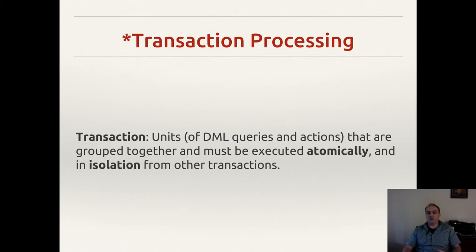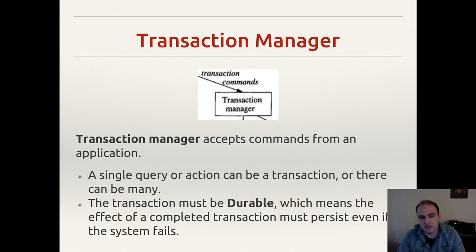So we have to be able to guarantee that in addition to them not stepping on each other's toes, if they do step on each other's toes in any way, shape, or form, we can undo one of the transactions. Those are the 2 pieces that we need to guarantee for this to work. And this is done by our transaction manager. So our transaction manager accepts commands from an application.